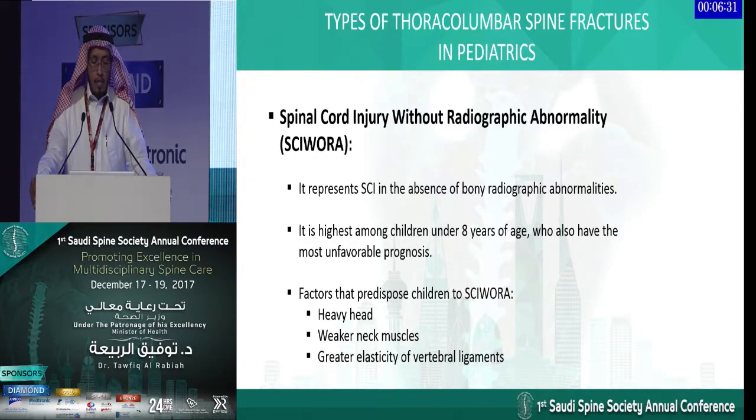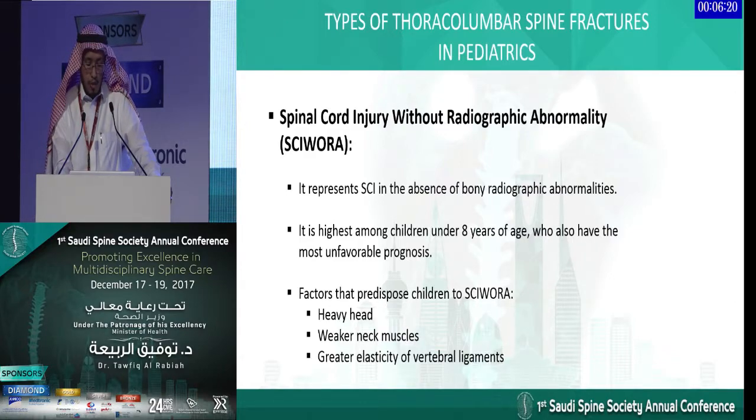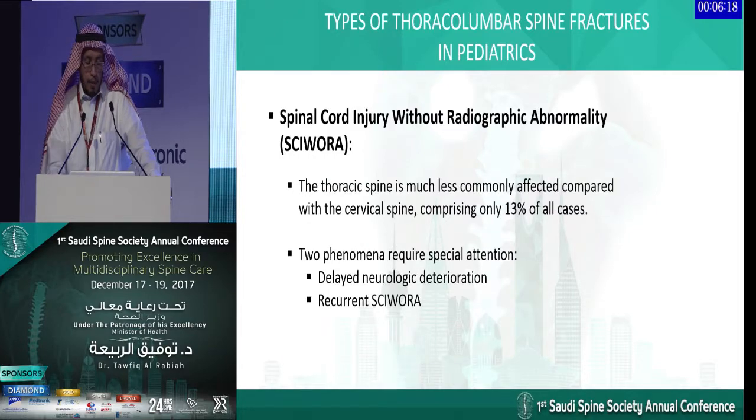And as we mentioned before, the predisposing factors are the heavy head of the children, weaker neck muscles, and a great elasticity of the vertebral ligaments. The thoracic spine is much less commonly affected compared to the cervical spine, comprising only 13% of all cases. The rest are in the cervical spine.